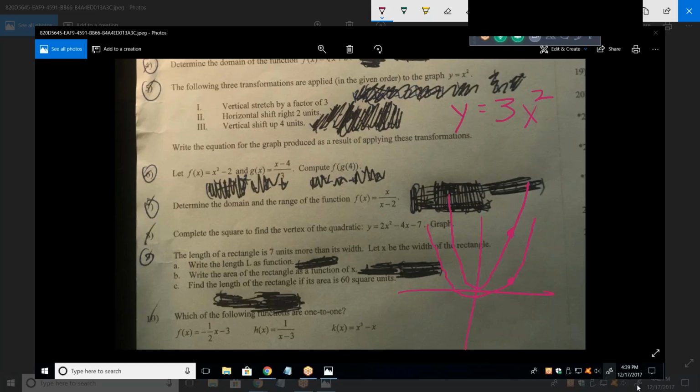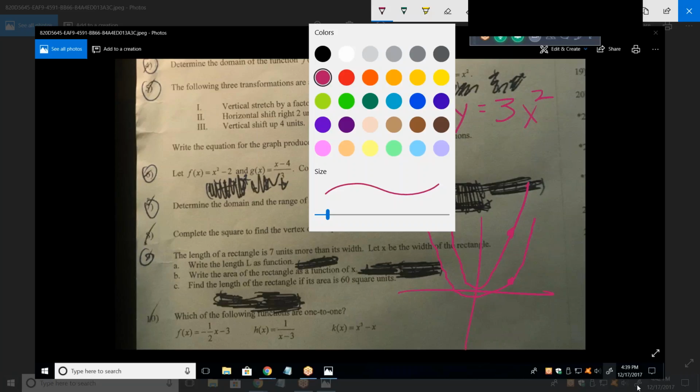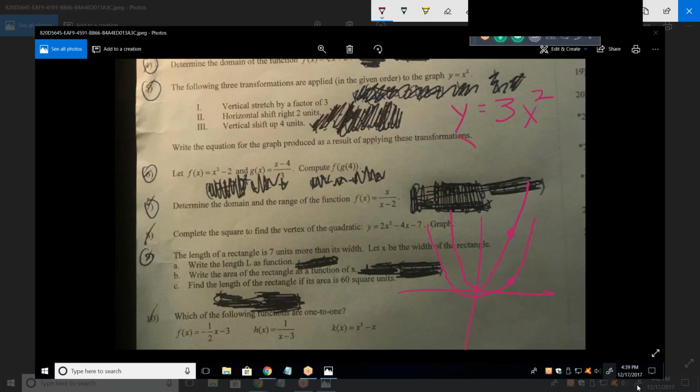Okay, second one, horizontal shift to the right by 2 units. I'm not going to erase that yet. Starting with that, in other words, we already did number 1. Now let's apply number 2 to it also. y equals 3 times (x minus 2) squared.